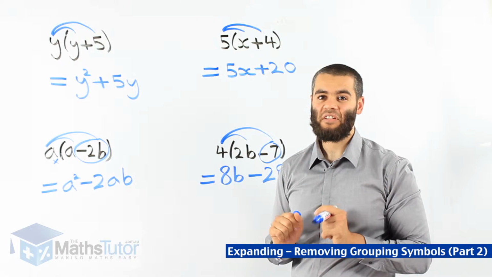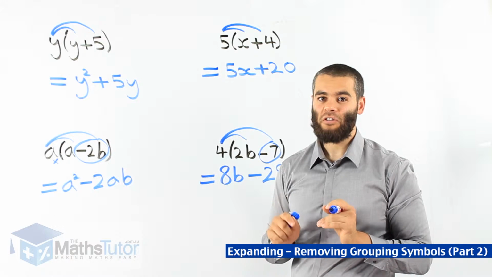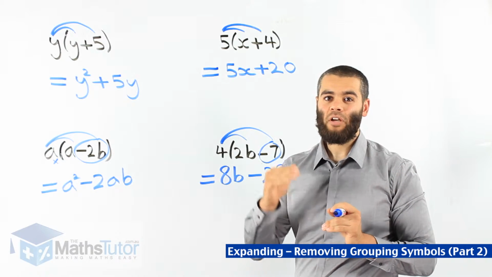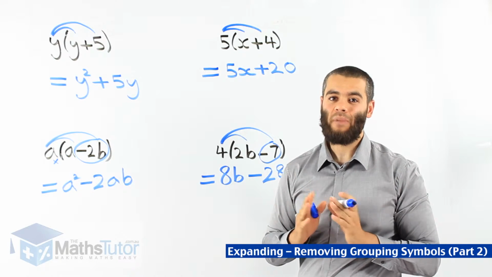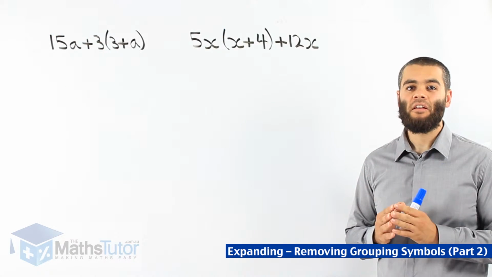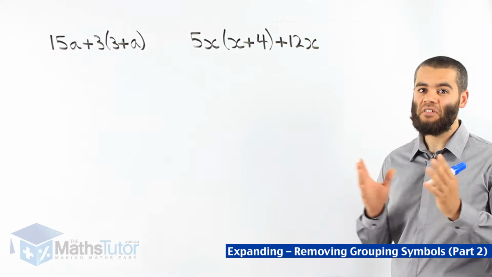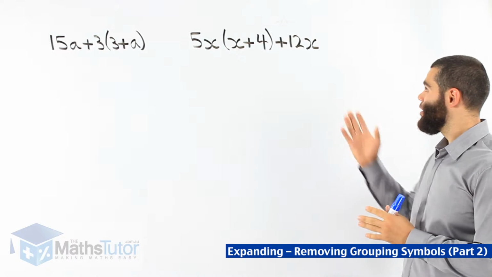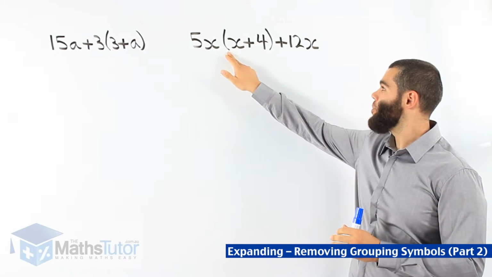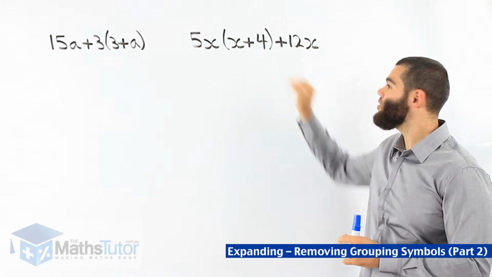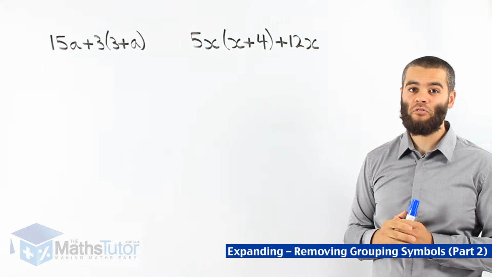Let us do some more examples, and you're going to notice it is easy. I am going to do harder ones now, but the more practice we do, you are going to master these. Okay, some more examples. We'll start with the first one. We have 5x, then open bracket, x plus 4, close bracket, plus 12x.